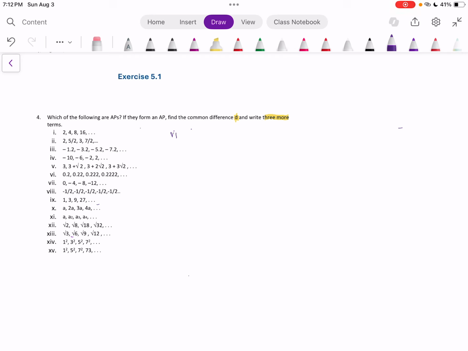Then the eighth question: negative 1 over 2, negative 1 over 2, negative 1 over 2. So D should be negative 1 over 2 minus negative 1 over 2.